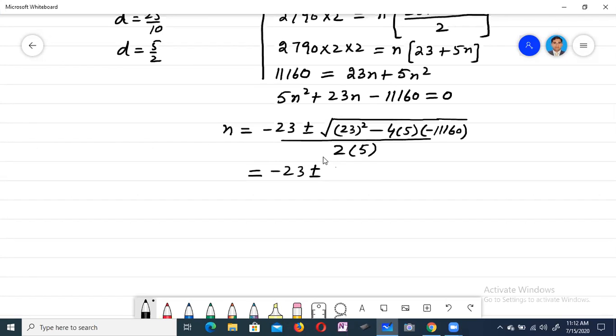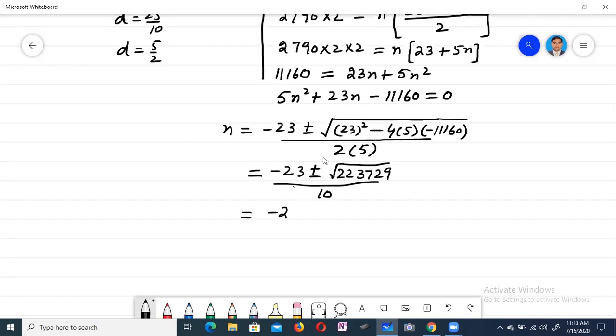After calculating on the calculator, this complete one is giving us 223,729 divided by 2 5s are 10.